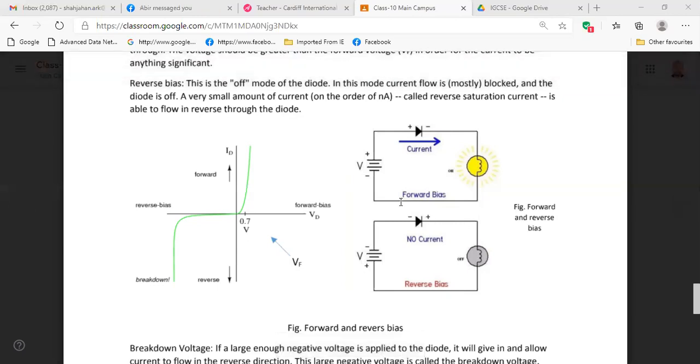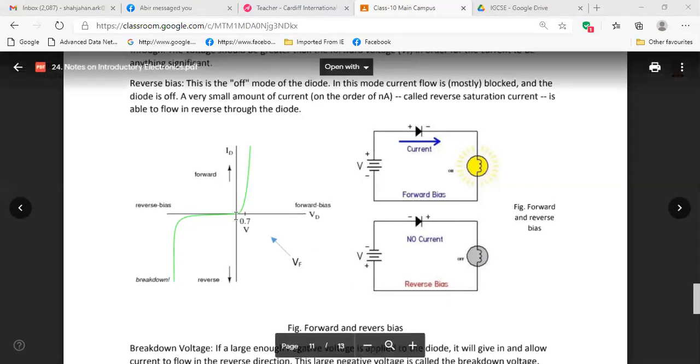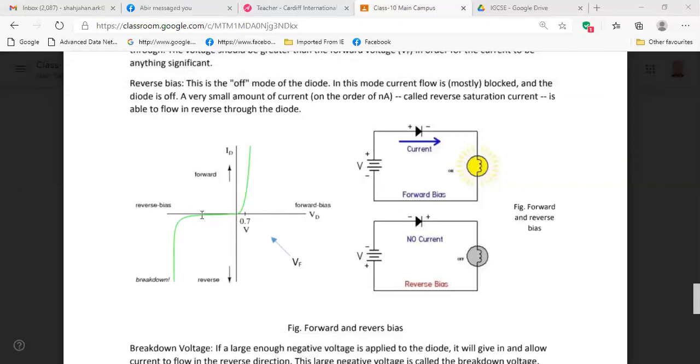And for the opposite one, you see, if we have negative here and negative here also, then the holes cannot be attracted by this one, and the electrons on this side cannot be attracted by this positive side. Then the depletion layer is much bigger, and in the graph we see no electricity is flowing, almost zero in reverse bias.